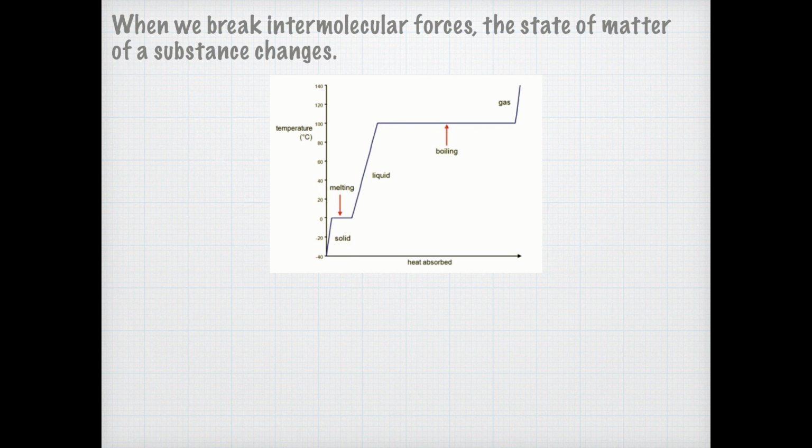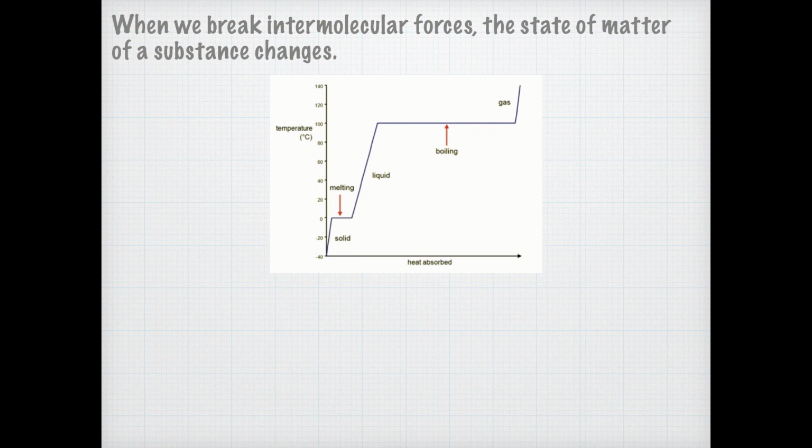Now, if we are breaking or forming intermolecular attractions, remember, those are attractions between two different molecules. And so you are simply going to be changing the state of matter, so this is going to be a physical change.